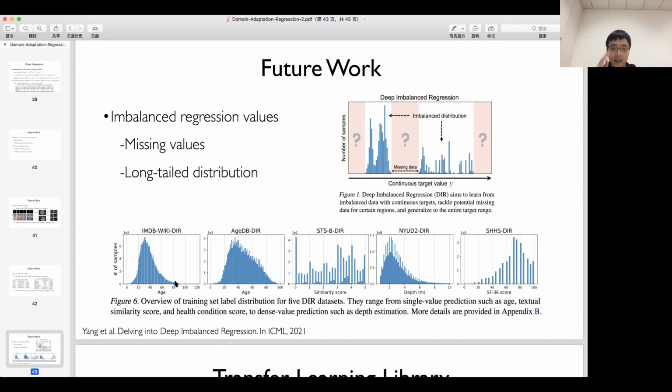So it means that the distribution of regression values is not uniform. In these scenarios, the performance of our model will degrade. So I think it is a more challenging problem in regression.